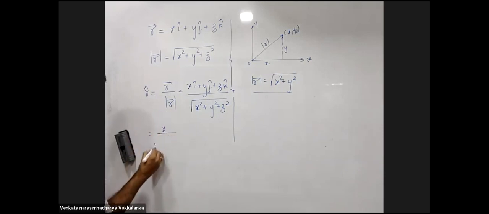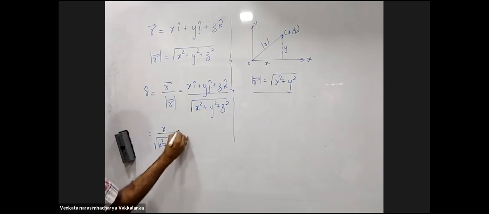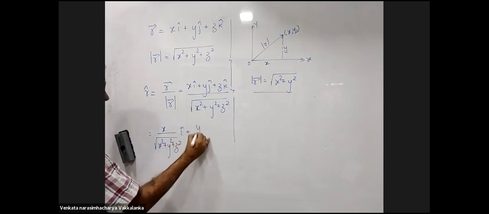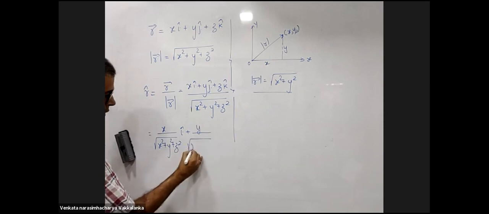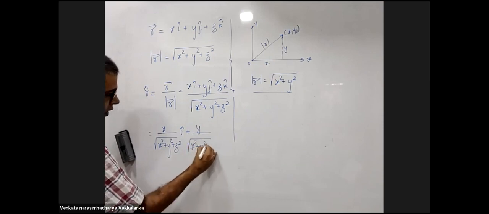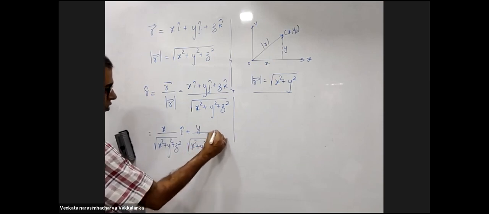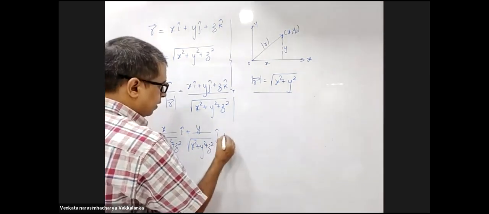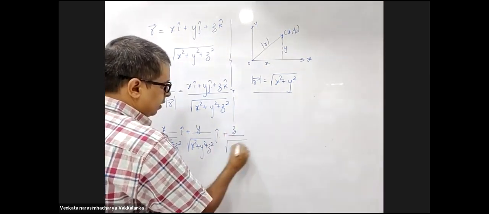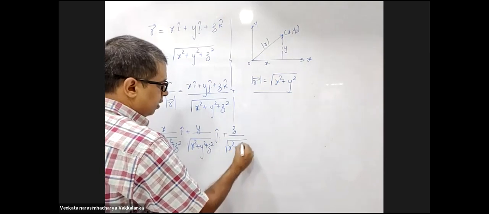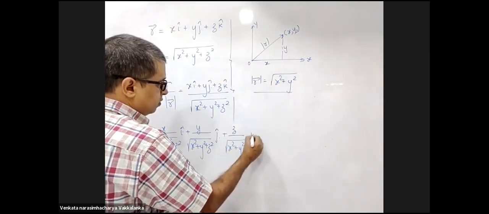You can write it as x under root x square plus y square plus z square i cap plus y upon under root x square plus y square plus z square j cap plus z under root x square plus y square plus z square k cap.